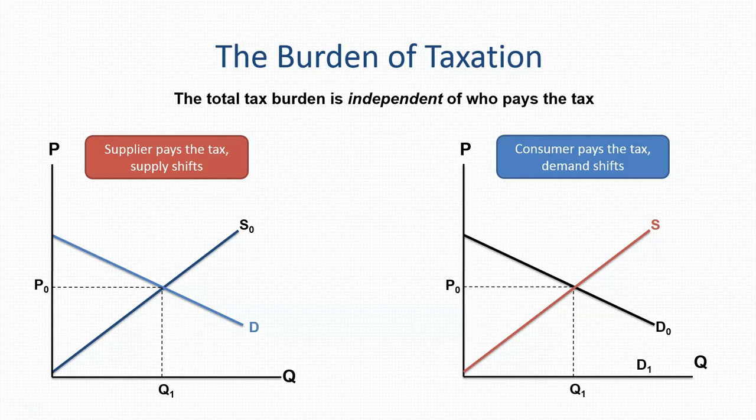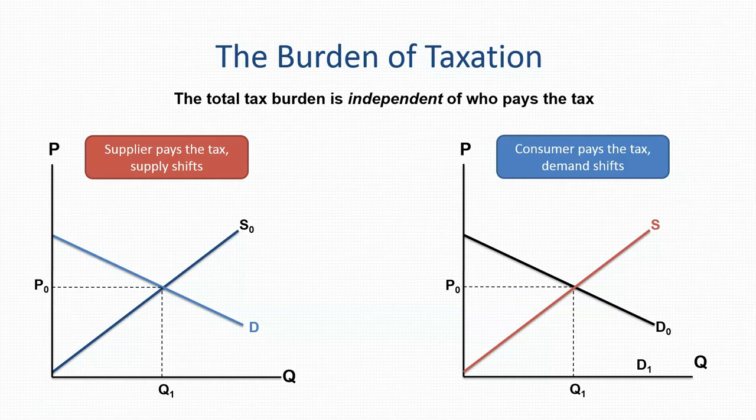On the right, again, we've got the same supply and demand curves. I'm going to impose in that graph a tax by the same amount as on the graph on the left, but on demanders instead of suppliers. This is going to cause a leftward shift in the demand curve, but we can think of that also as a vertical downward shift by the amount of the tax in the demand curve as well.